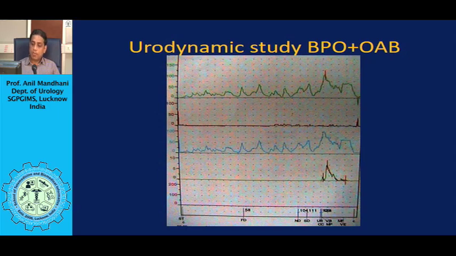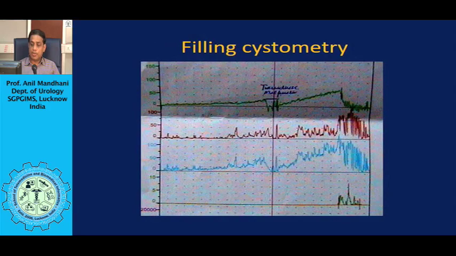This ranges from 0 to 6. 6 is terrible. If he's having an AUA score of 7 or maybe 10, and he's very much bothered, he doesn't want to tolerate even the slightest disturbance in voiding habit, so you need to treat that patient because he's terrible with his symptoms.